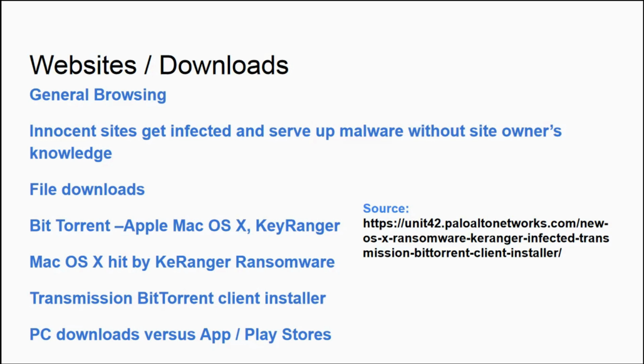For example, many users are using BitTorrent, and recently Apple Mac devices were also infected with Kranger ransomware because BitTorrent is installed on the Mac system. So it easily comes in when you are downloading any content or software from the internet.